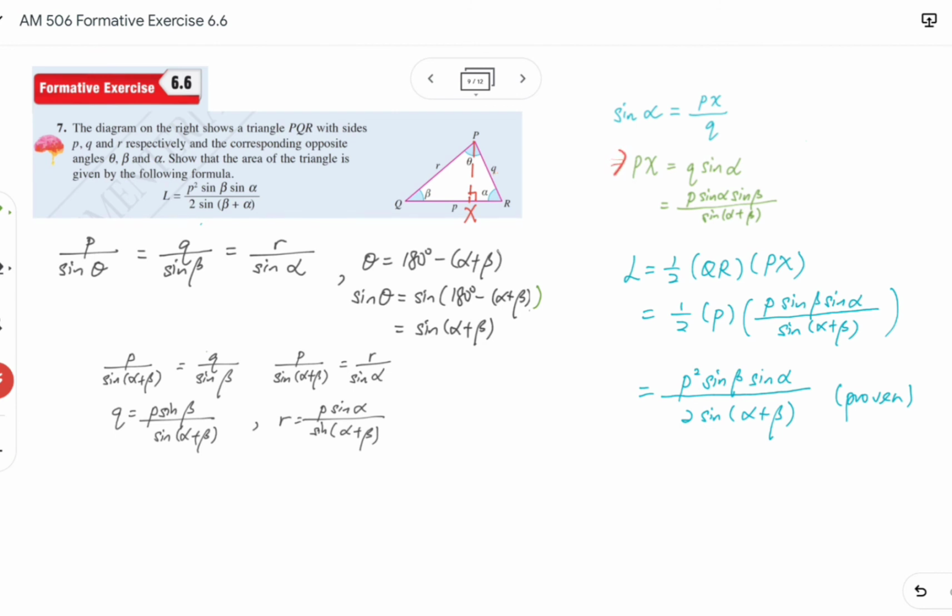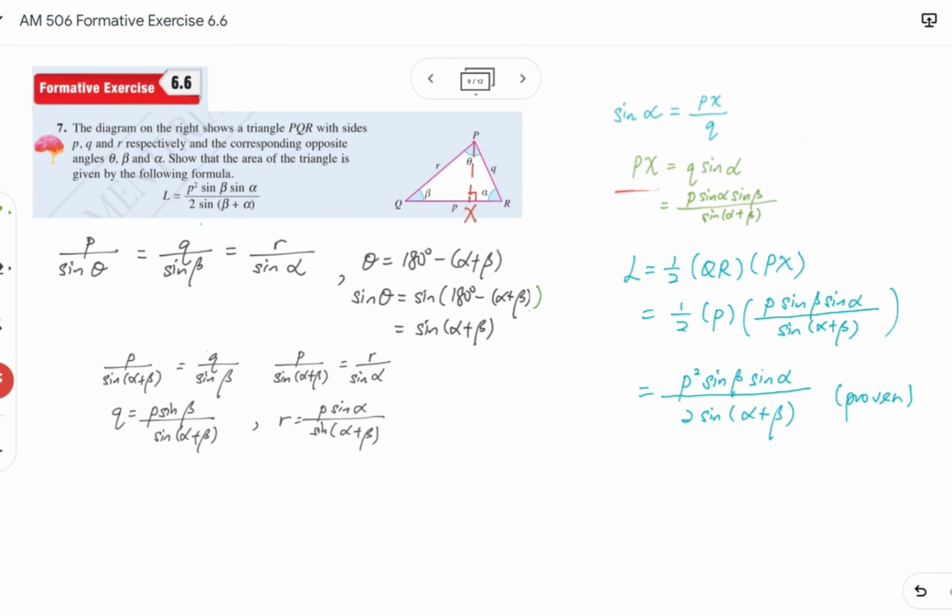So PX is actually q times sine alpha, where the q can be changed with p sine beta over sine alpha plus beta. So we get p sine alpha sine beta over sine alpha plus beta. That is the PX, the height.